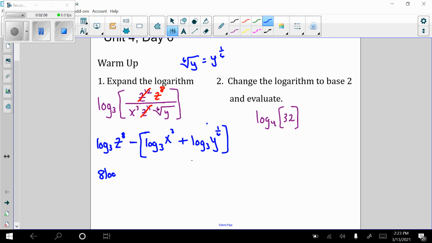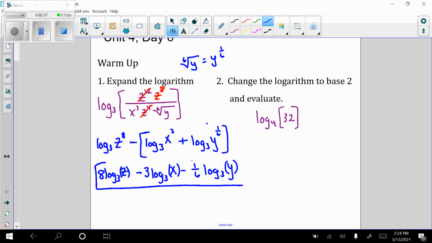I have 8 log base 3 of z minus 3 log base 3 of x minus 1/6 log base 3 of y. So sometimes it's a good idea to go ahead and put these arguments in parentheses so we know that they go with the logarithm. All right, so there's that one.